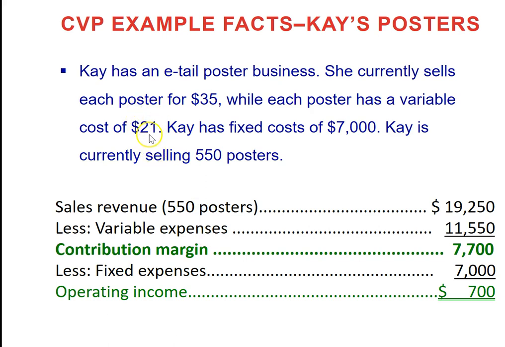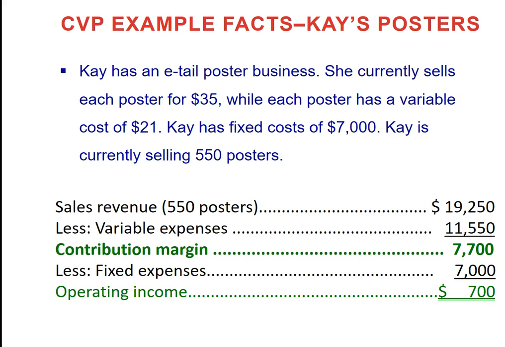If you multiply this 21 by 550, you will get total variable expenses of $11,550. The difference we call contribution margin, and then we subtract our fixed expenses, which is given as $7,000, and this is how we know that K's current operating income is $700.